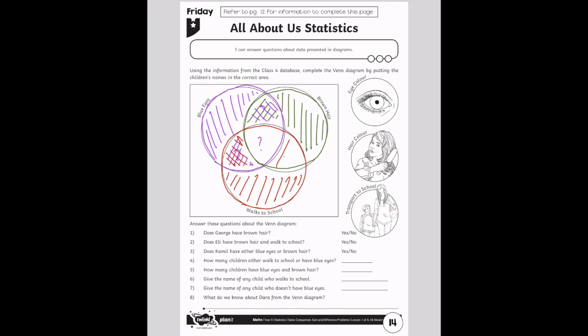Okay, in this box here, they walk to school and they have brown hair, but they do not have blue eyes. Now, the middle section here are the people that have brown hair. They also have blue eyes and they walk to school.